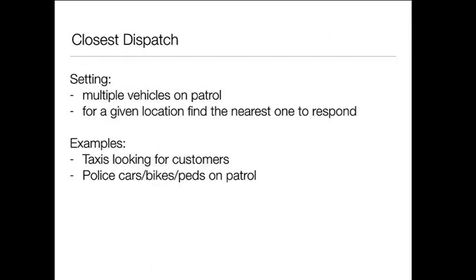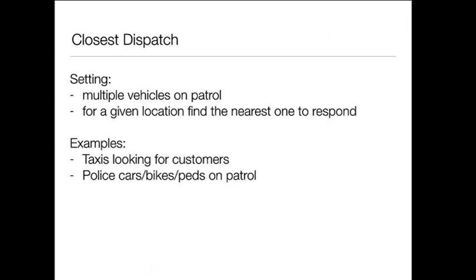So think of it as we have multiple vehicles on patrol, perhaps taxis circling the city looking for the next customer. Perhaps it's the police on patrol in cars, bikes, perhaps on foot. So there are a couple of examples from the real world.